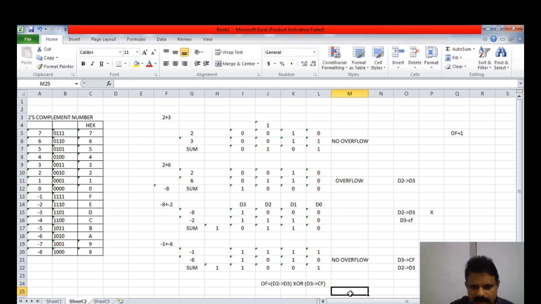We can say it like this. The overflow flag is the XOR of D2 to D3 carry flow and D3 to carry flow.